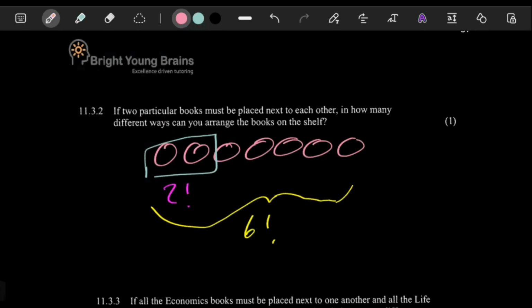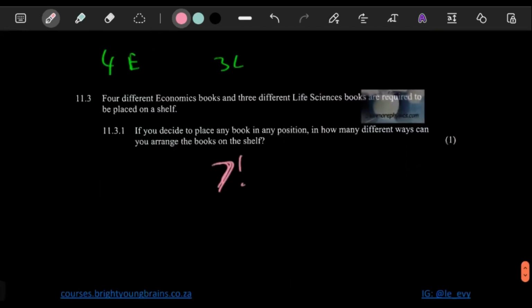So your answer is 6 factorial times 2 factorial. Let's see what we are getting here. This is giving us 1,440. The previous answer in the calculator, it's giving us 5,040.